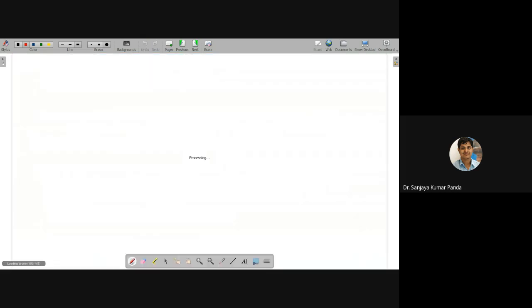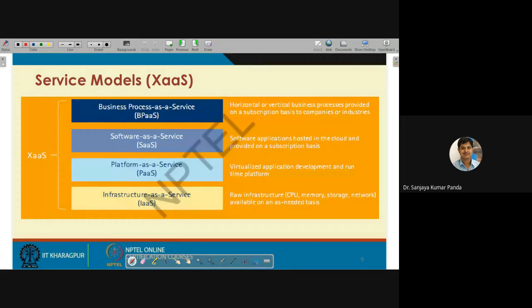And see this, there is another architecture here. On top of SaaS, we added business process as a service, which we call BPaaS. Together, this IaaS, PaaS, SaaS and BPaaS, we call XaaS. So in the XaaS case, what are we doing?